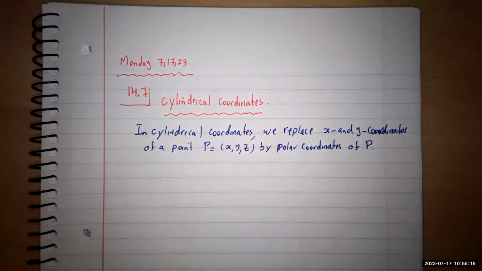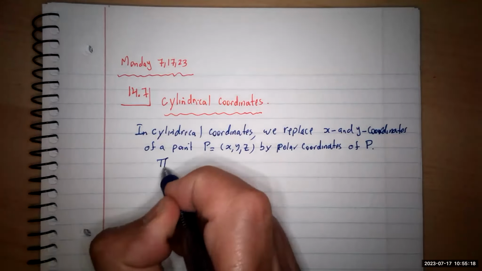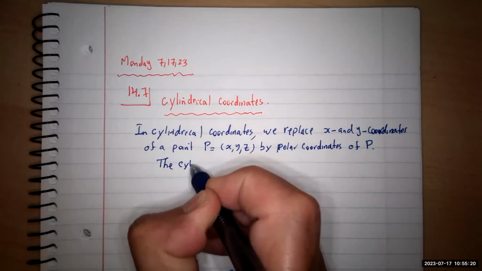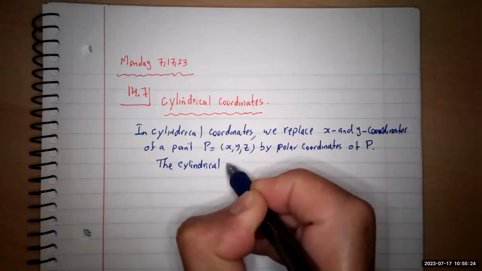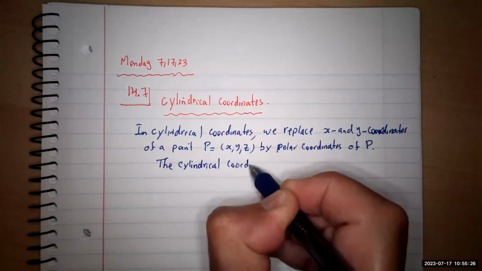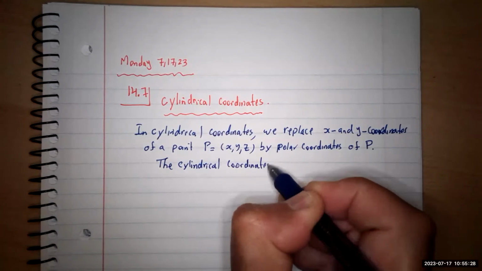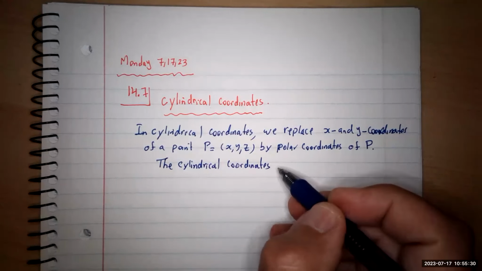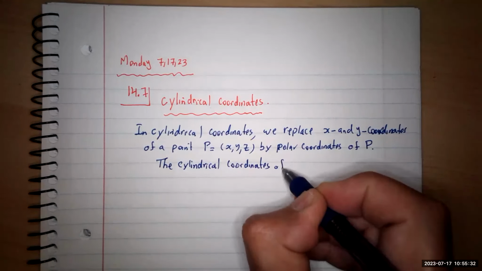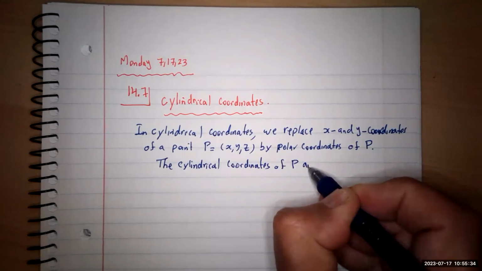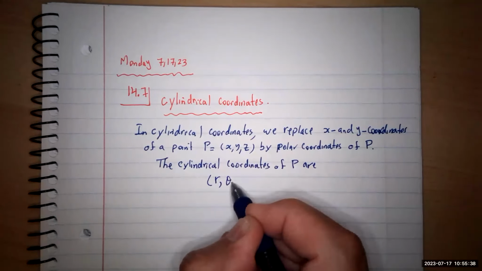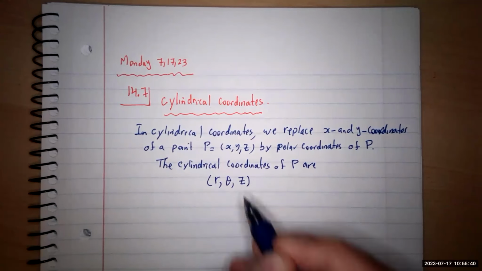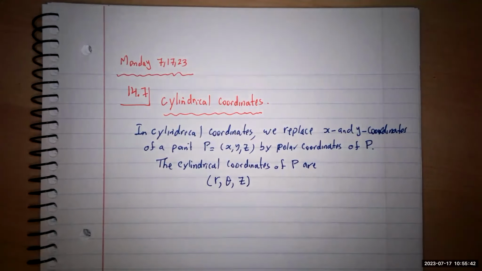Now the cylindrical coordinates of a point P are going to be r, theta, and z. So we keep the z.